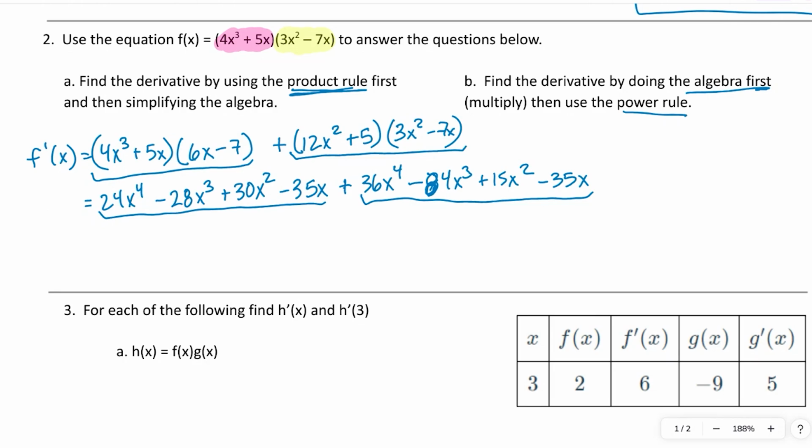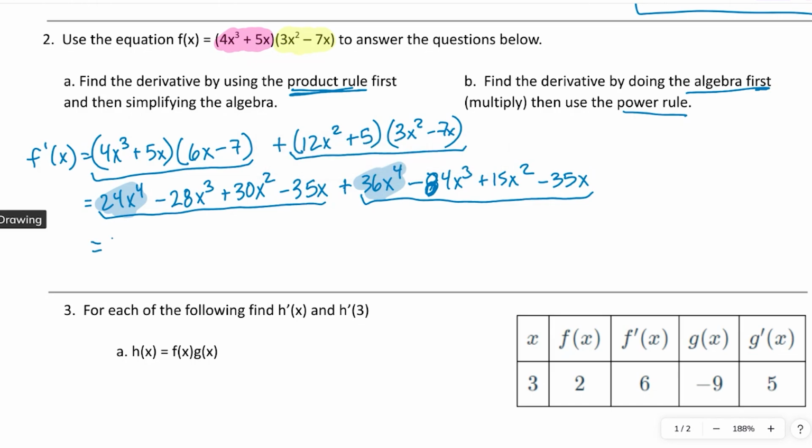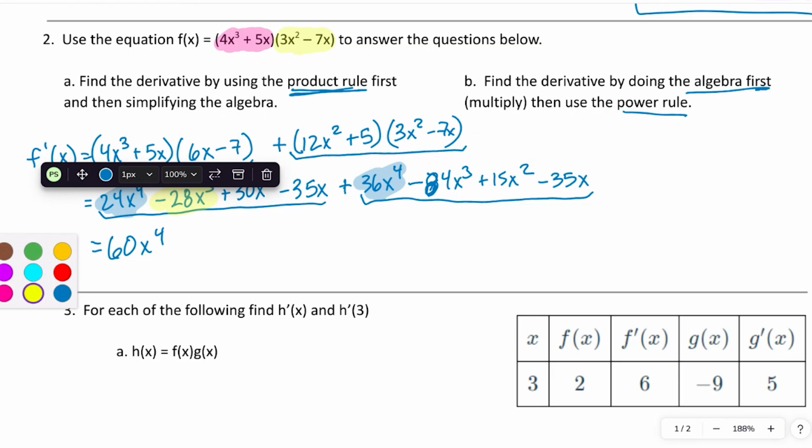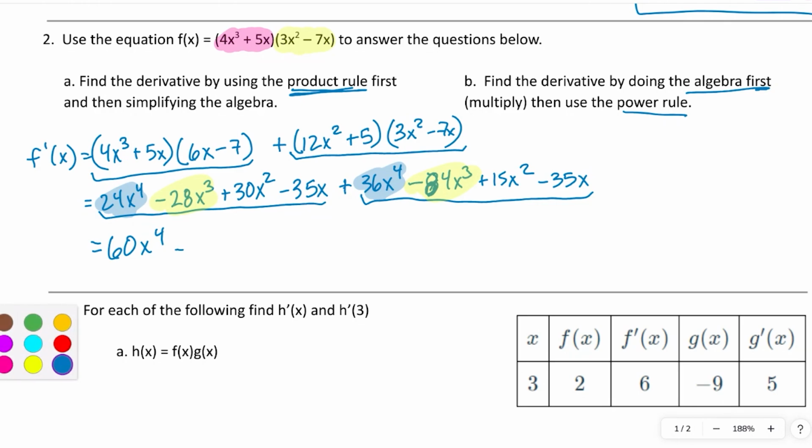Okay, so we've got 24x to the fourth plus 36x to the fourth. That's going to be 60x to the fourth. And then we've got our two cubic terms, the minus 28x cubed minus 84x cubed. So that would be minus, 20 and 80 would be 100, but then we've got 12 extra, so that's going to be minus 112x cubed.